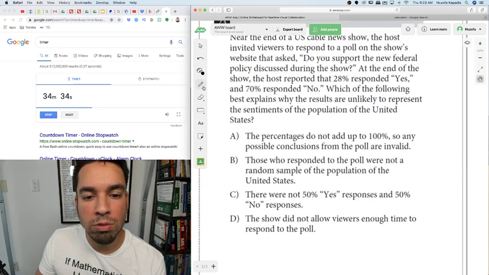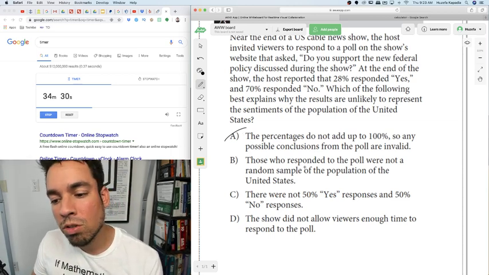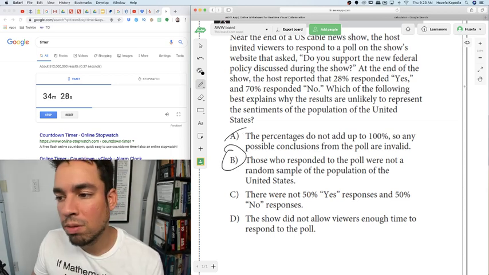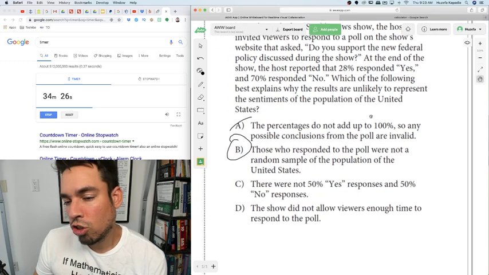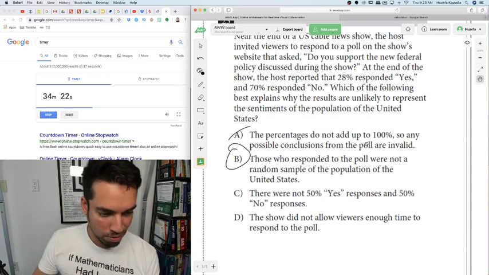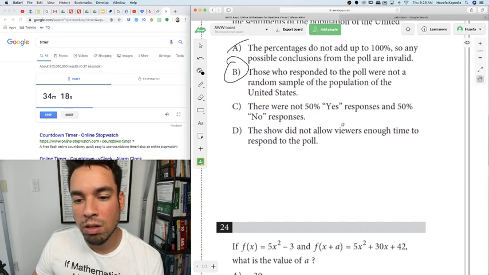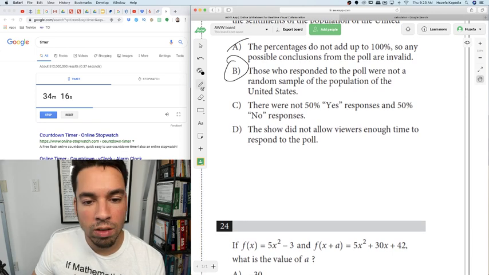Okay, the fact that it's not 100%, that doesn't matter, because it could be like 2% that said they didn't respond or something. So respond to the poll, it's not a random sample. Because this could be some news show, for example, Fox or MSNBC, which obviously splits the population according to their views already. So that wouldn't work. There were 50% no. Yeah, these we don't even know.